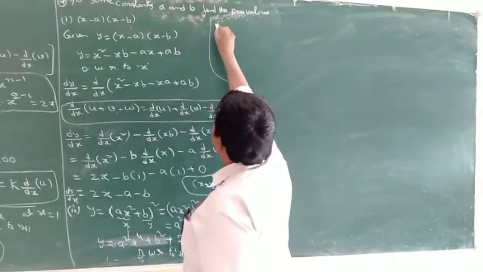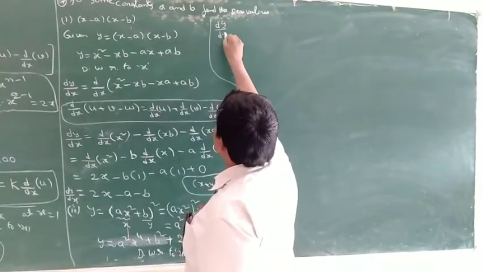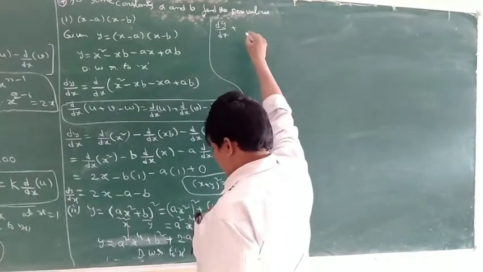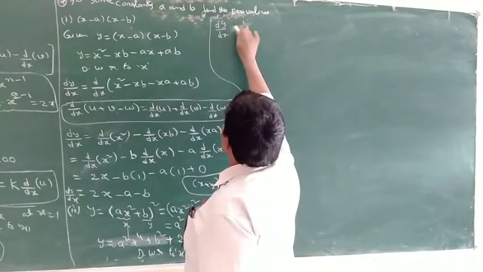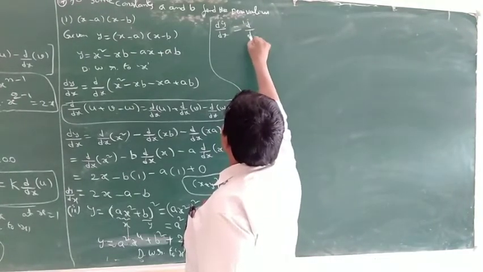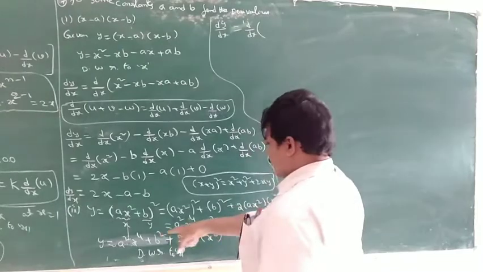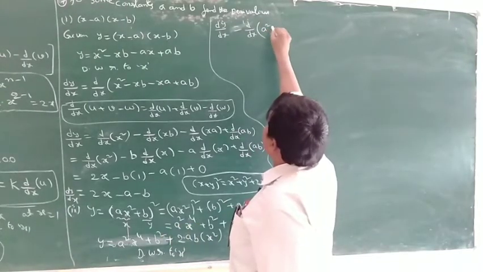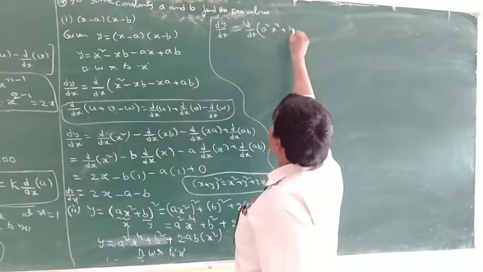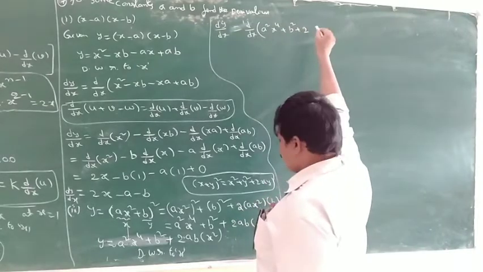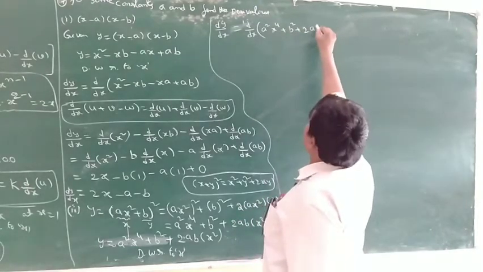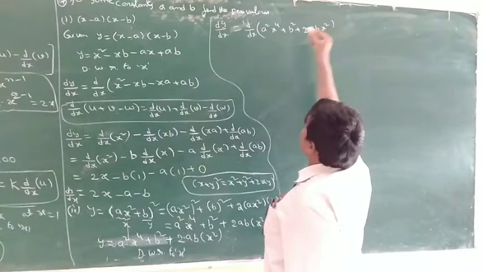So dy/dx is equal to d/dx of (a²x⁴ + b² + 2abx²).